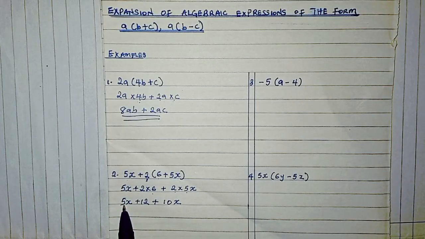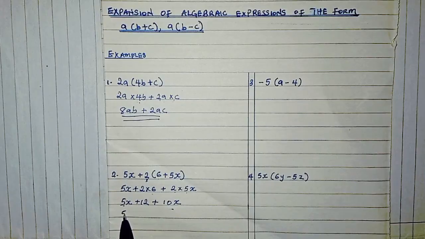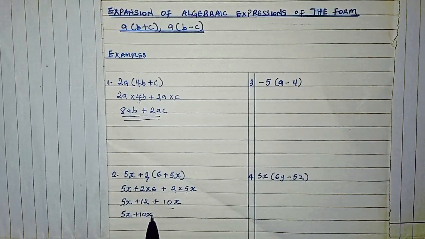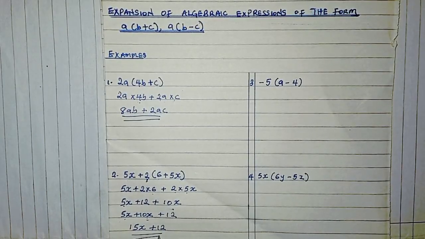We have 5x here, we have 10x here, so they are alike. So we are bringing them together. We have 5x plus 10x plus 12. Adding these two will give us 15x plus 12. This will be our final answer.